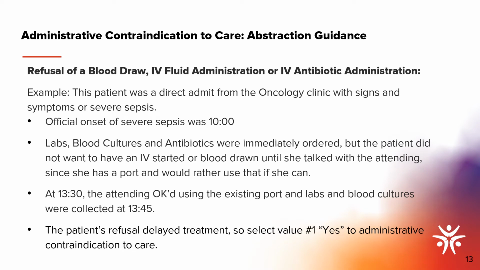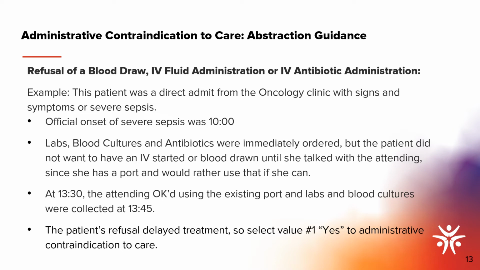Let's take a look at the following example. This patient was a direct admit from the oncology clinic with signs and symptoms of severe sepsis. The official onset time of severe sepsis was 10 o'clock. Labs, blood cultures, and antibiotics were immediately ordered, but the patient did not want to have an IV started or blood drawn until she talked with the attending, since she has a port and would rather use that if she can.